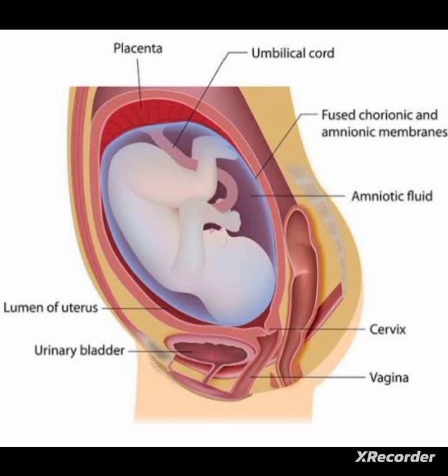Then, it flushes the birth canal at the end of the first stage of labor, and by its aseptic and bactericidal action protects the fetus and prevents ascending infection to the uterine cavity.